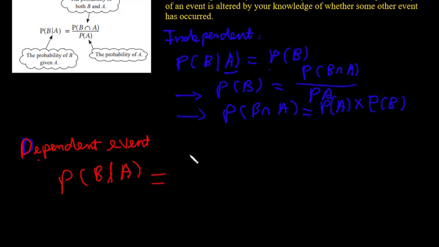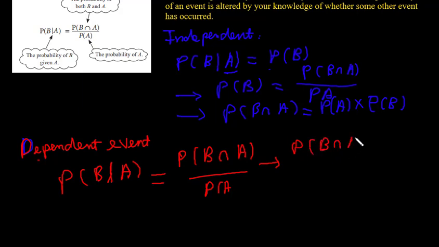We cannot change this because they are dependent. So P of B given A equals P of B intersect A over P of A. Then P of B intersect A equals P of A multiplied by P of B given A.